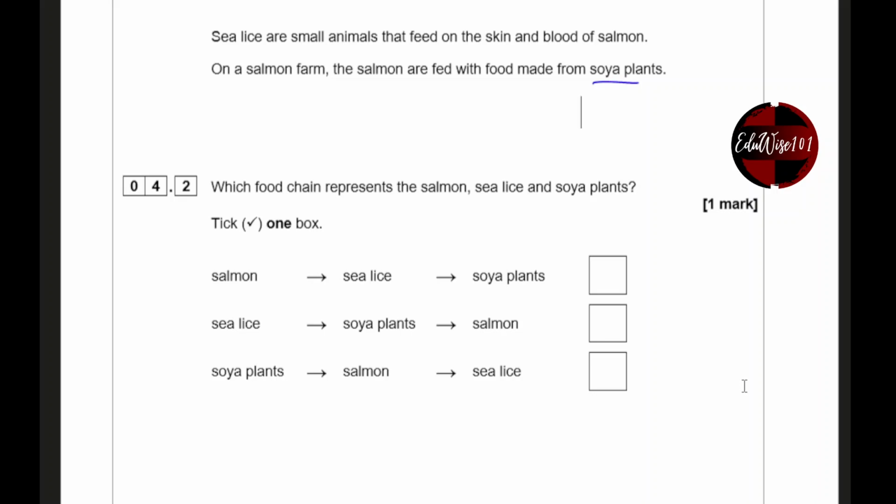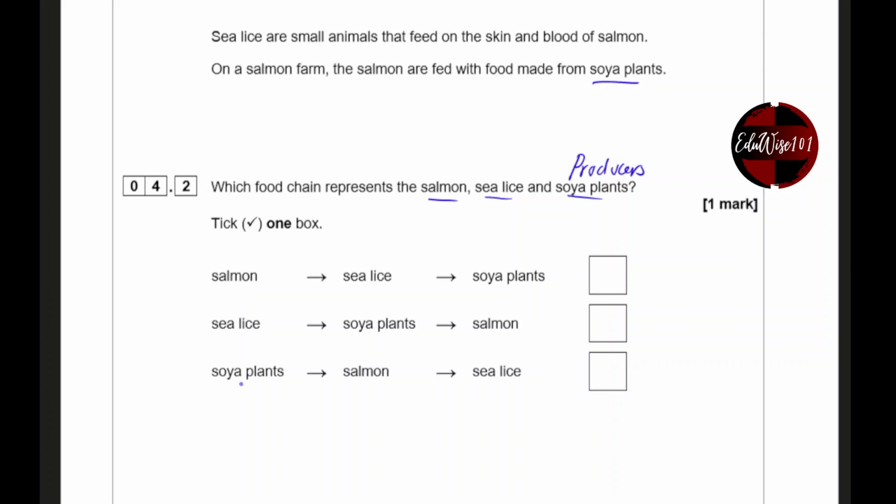So you've got the salmon, sea lice, and soya plants. Remember, in any food chain, it's the plants or the producers which always need to be at the start.